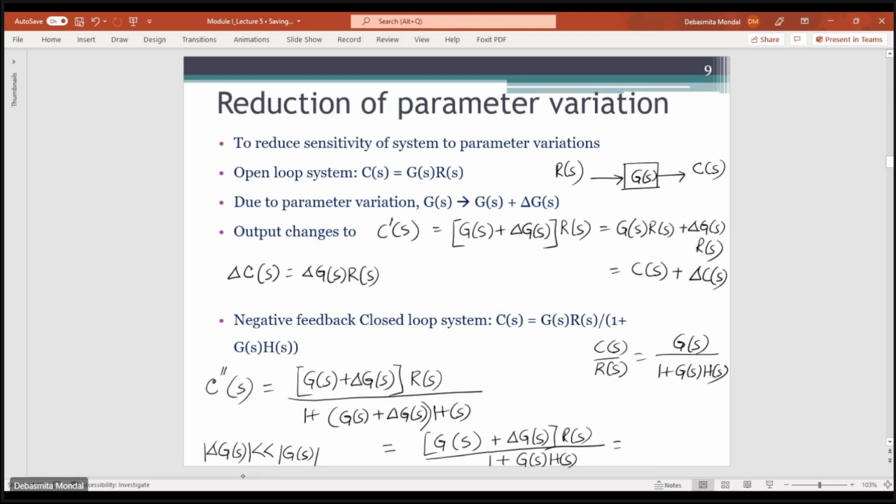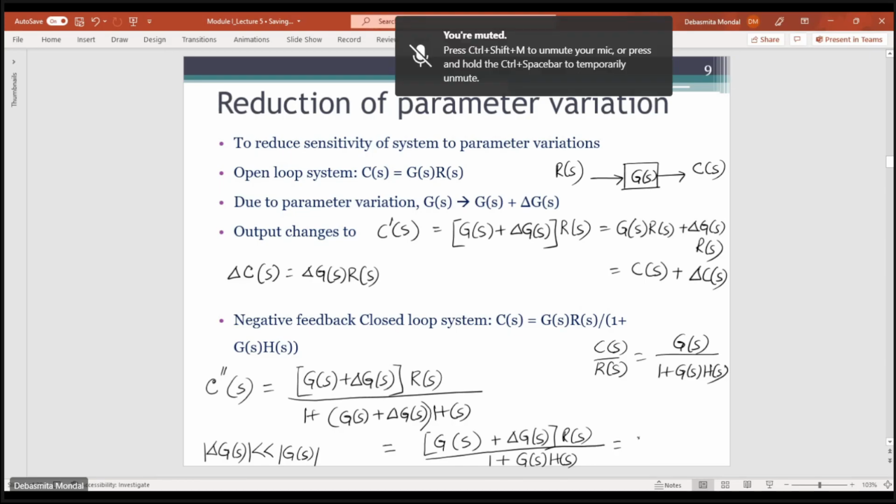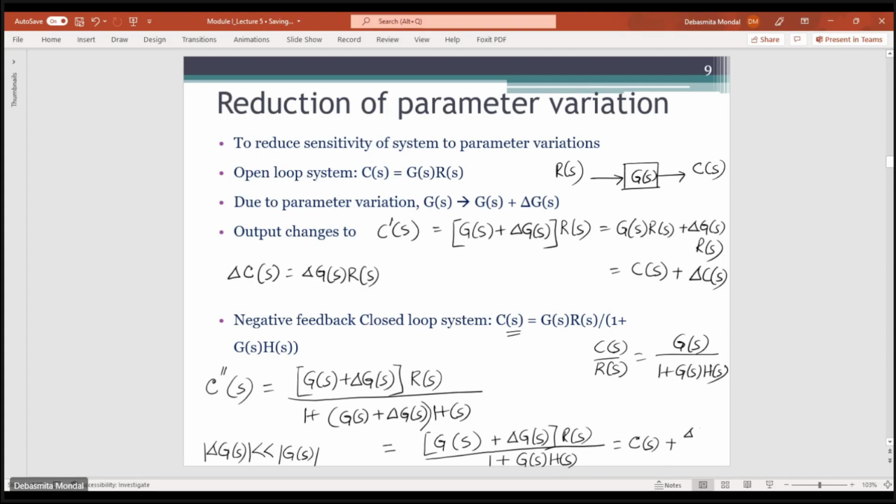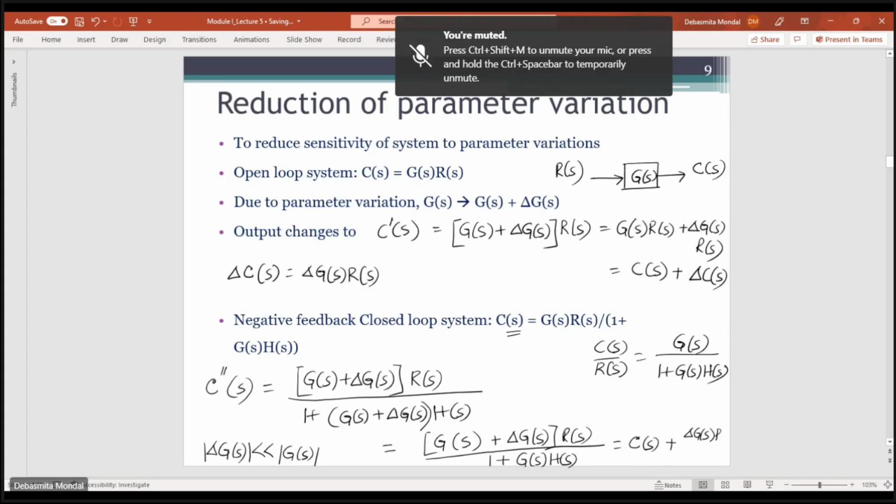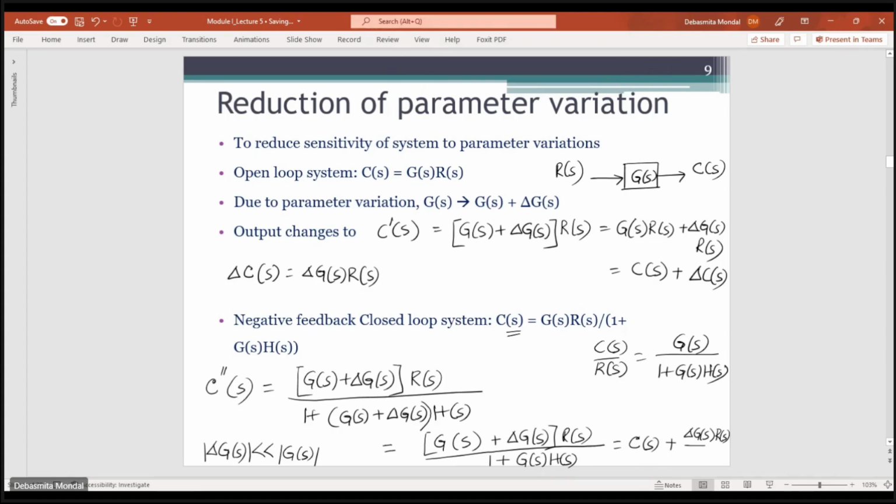If you simplify again, this will be GS into RS divided by 1 plus GS HS, which is nothing but the previous value of CS, plus delta GS into RS divided by 1 plus GS HS.